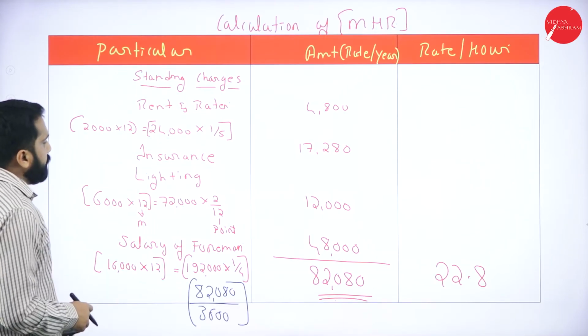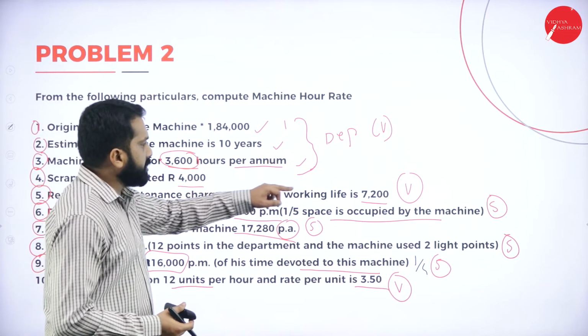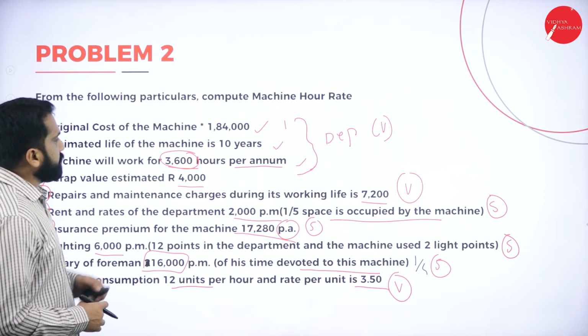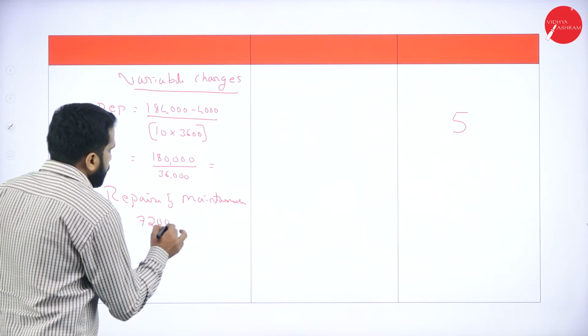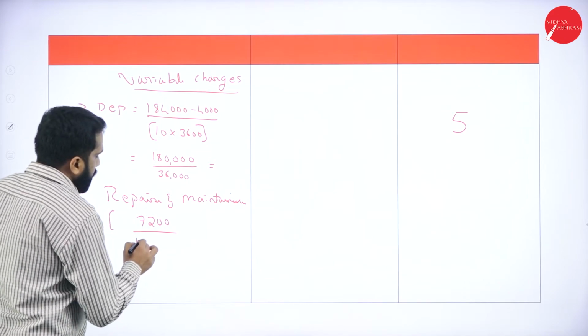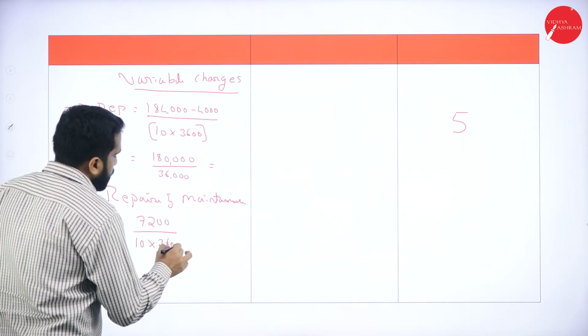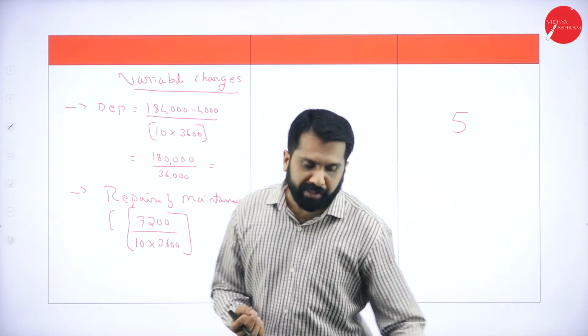How much do we have? Repair and maintenance charges during its working life is 7,200. So 7,200 divided by number of years 10, number of hours 3,600 per year.